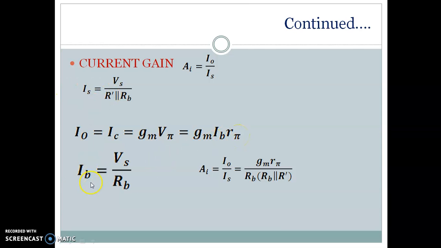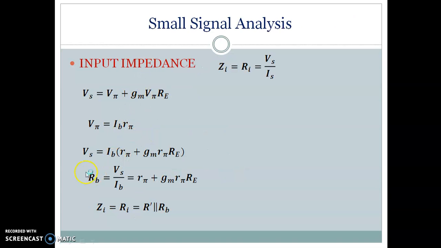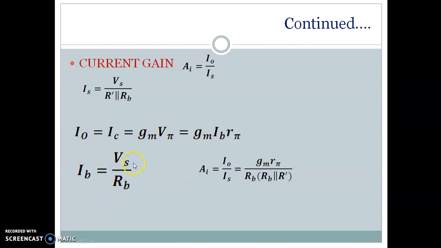We have already written this equation while taking up the input impedance: Vs is equal to Ib times Rb, or Ib can be written as Vs by Rb. So that relation I have used. So your A becomes I naught by Is, which is Gm R pi divided by Rb times R dash parallel Rb.